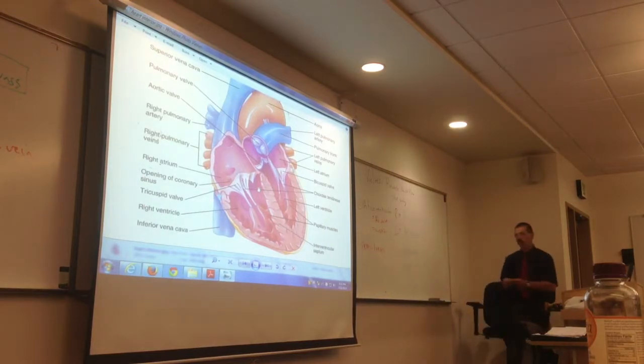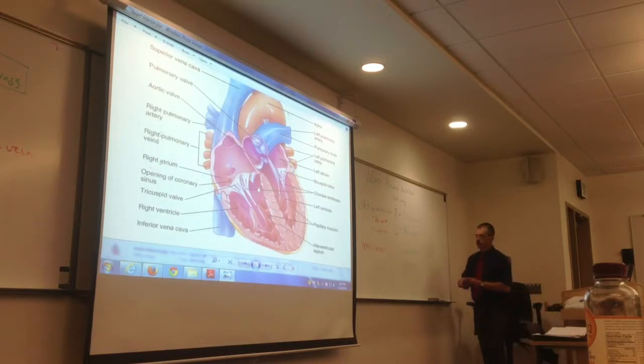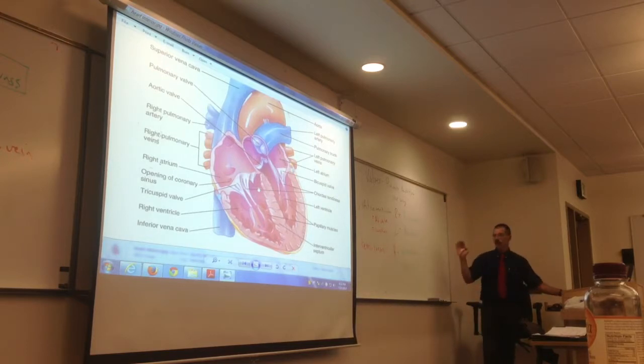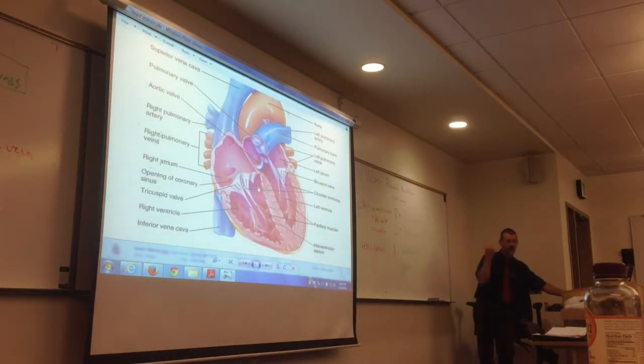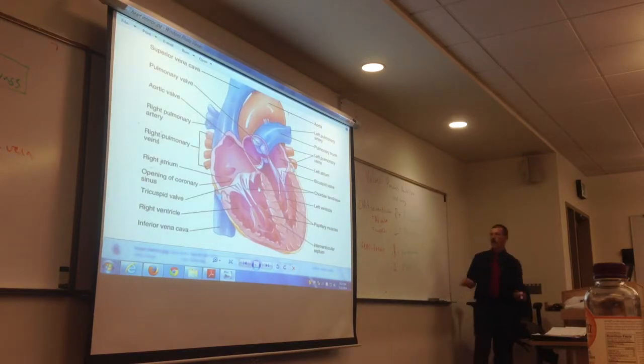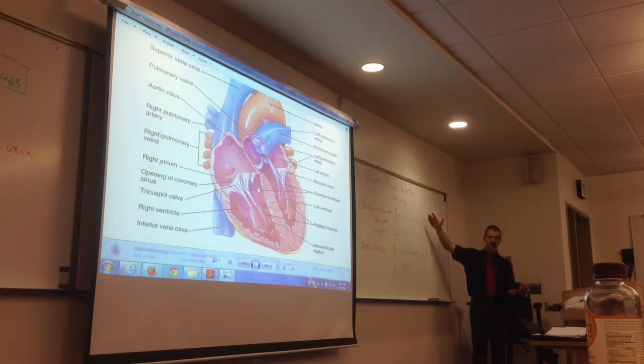That should be easier to figure out. What side would the pulmonary semilunar be on? Right. It must be the right side, because the right is my pulmonary side. The aorta goes to my body, so what side would that be on? The left. So you have two valves on the right, the tricuspid and the pulmonary. Two valves on the left, the bicuspid and aortic.